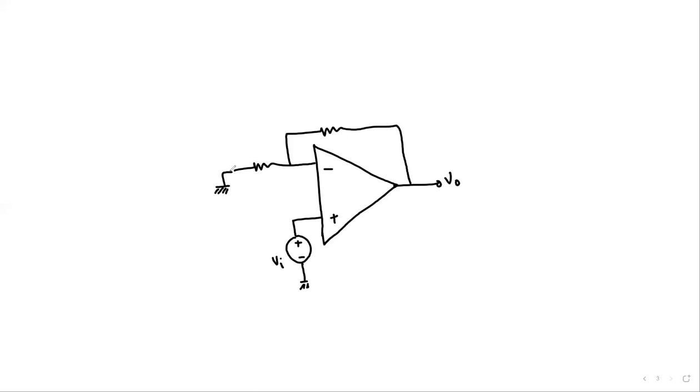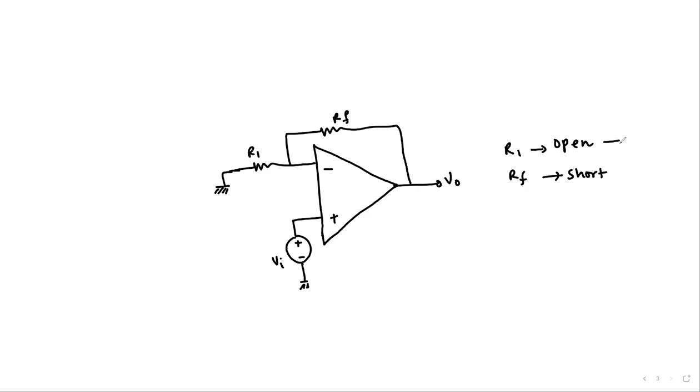In this case, R1 is made an open circuit and RF is made a short circuit.